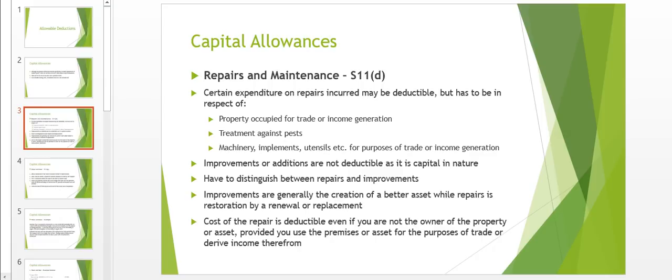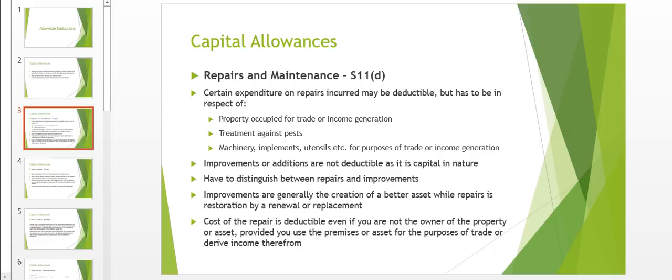So improvements generally are the creation of a better asset, while repairs are the restoration by a renewal or replacement. In repairs, the cost of the repair is deductible even if you are not the owner of the property or the asset. So importantly, you have to use this asset or property for the purposes of trade or to derive an income thereof.